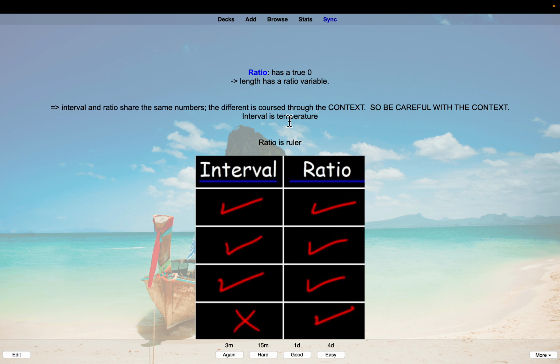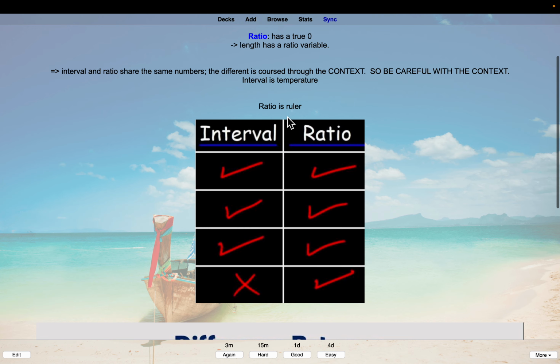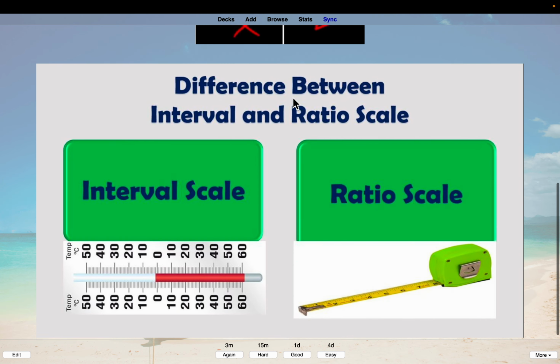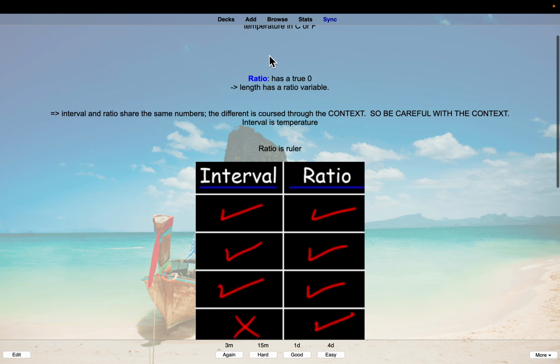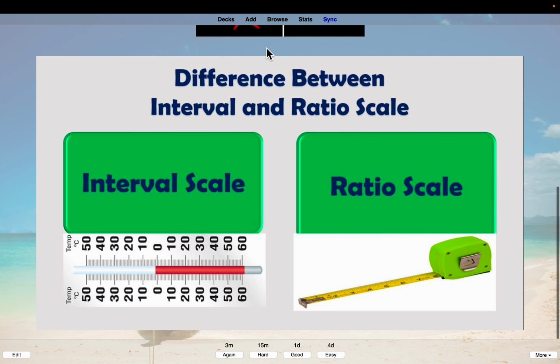Although that's just from my personal schema. I'm not sure about the actual temperature in Alaska, on average, but I think you get what I mean. Interval allows negative integers because again we're dealing with temperature there. So what's the difference between interval and ratio scale? For ratio scale, as said earlier, more on ruler. Interval, more on temperature, the thermometer.